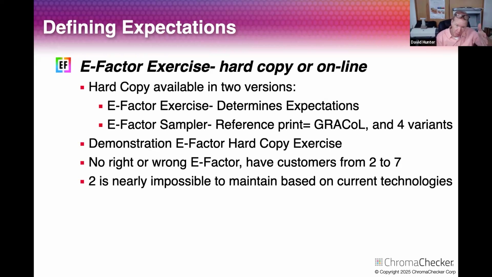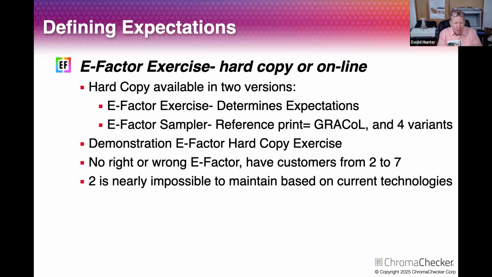And if you're a 2, it'll tell you you really can't be a 2 for the most part with today's technologies, unless you really track every variable and compensate for instrument differences and all these other things. But it sets your expectations that 2 is really hard. Whereas if you come out as a 5, it's like, hey, 5 is more reasonable. You come out at a 7, it's like, yeah, that's really reasonable.